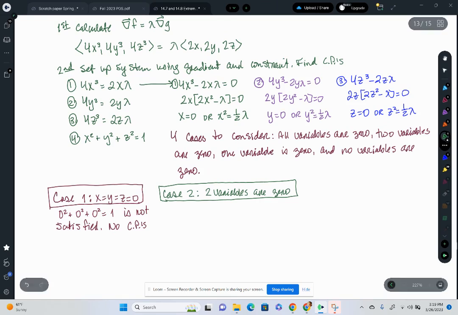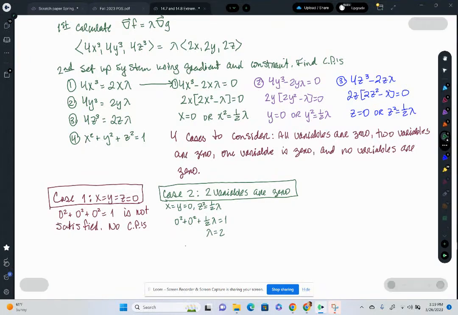Okay, so let's first consider where, let's say, x and y are 0, and z squared is 1/2 lambda. So I'm going to substitute these into equation 4. I get 0 squared plus 0 squared plus 1/2 lambda is equal to 1, which means lambda is equal to 2.